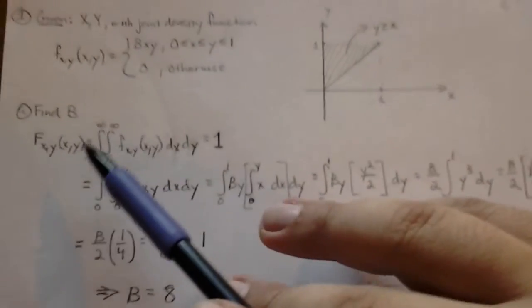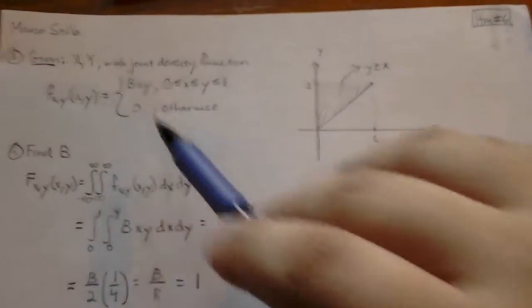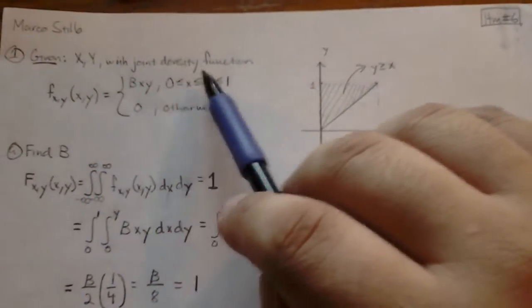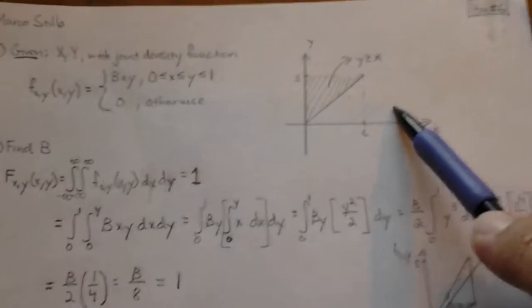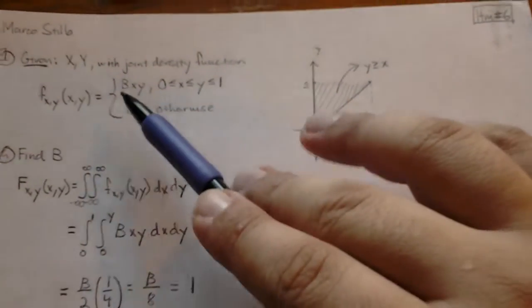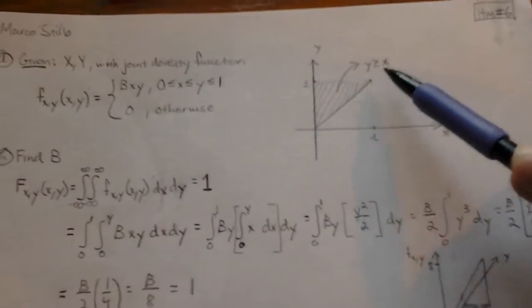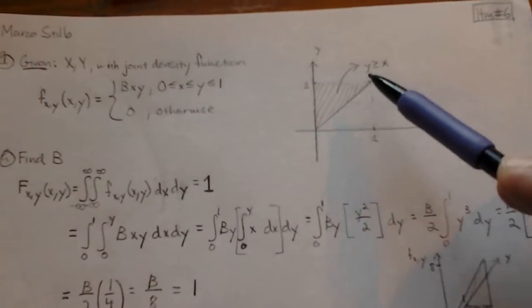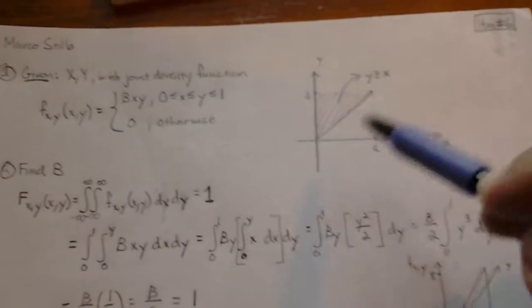Now, in order to do that, actually, I might be jumping ahead a little bit. I just drew this out right here, which I should outline. The xy term is outlined by this line right here, where y equals x on the xy plane.